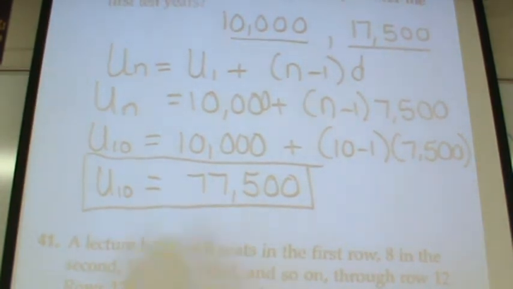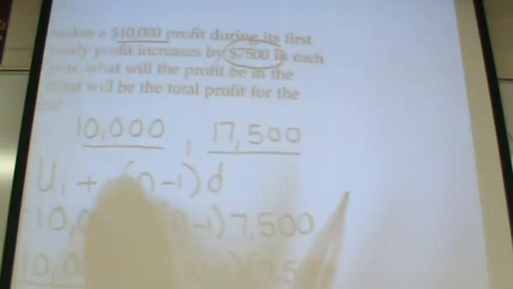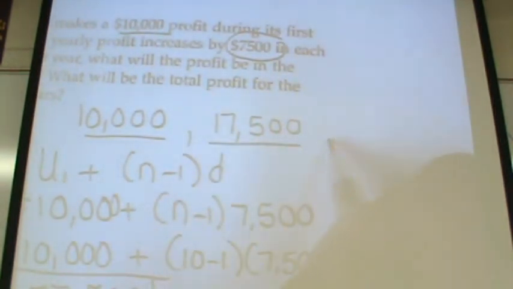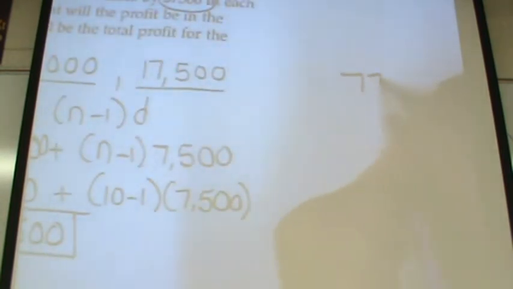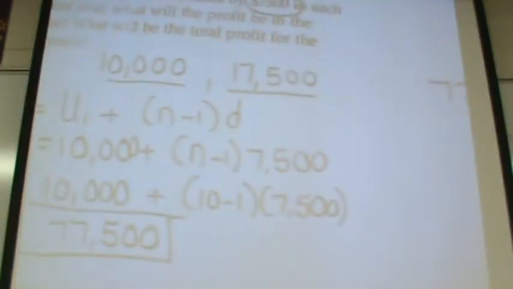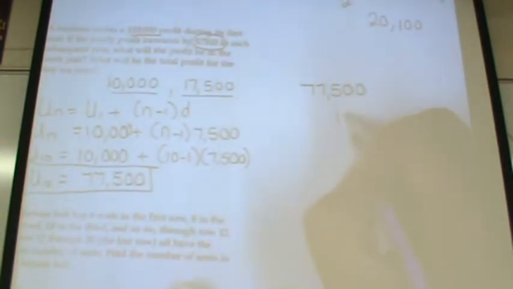So now if we want to add up year 1 plus year 2 plus year 3, well, the 10th year we said is 77,500. Our formula for summing up an arithmetic sequence of numbers is k over 2 times the first term plus the last term.